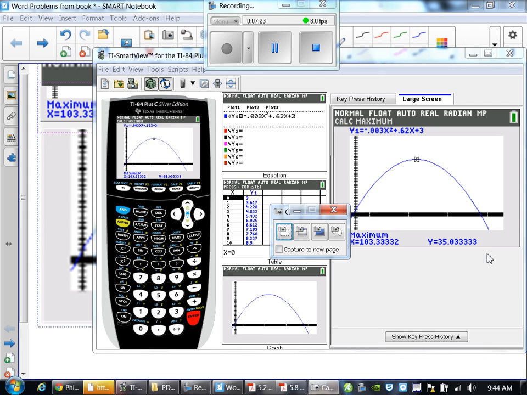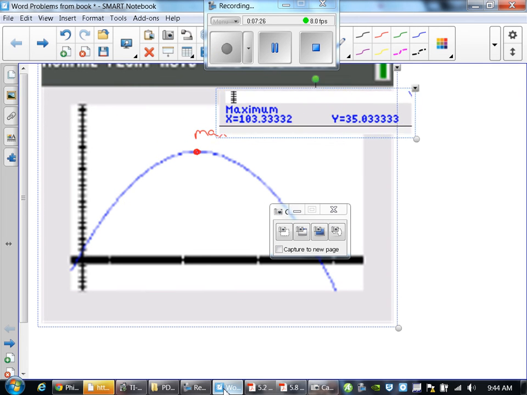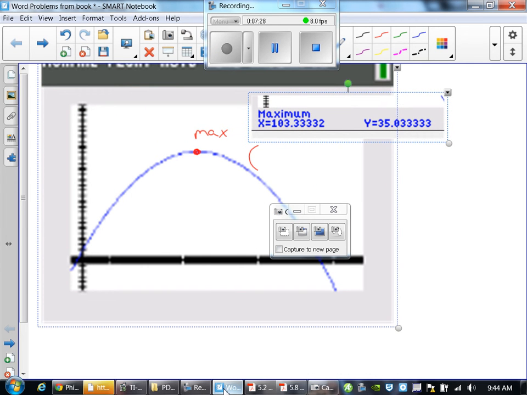So it gives me a maximum at 103 and change and 35 and change.